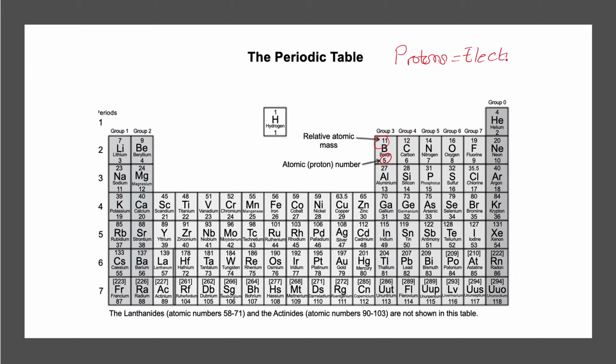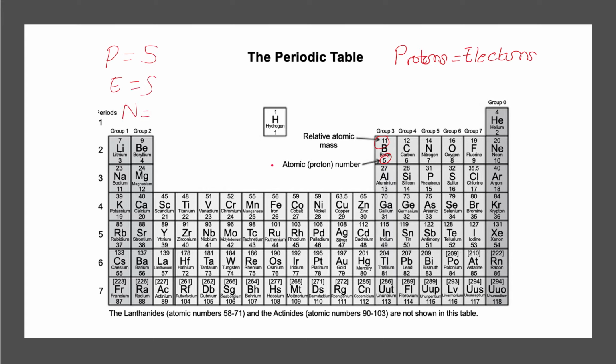So if you had five protons, you would also have 5 electrons, and 11 over here is the relative atomic mass, and that tells us the protons and the neutrons. So over here, looking at boron, we have 5 protons and we have 5 electrons. How many neutrons do we have?